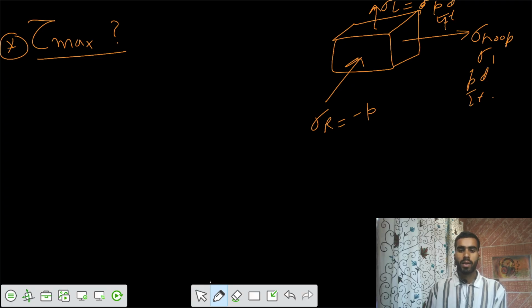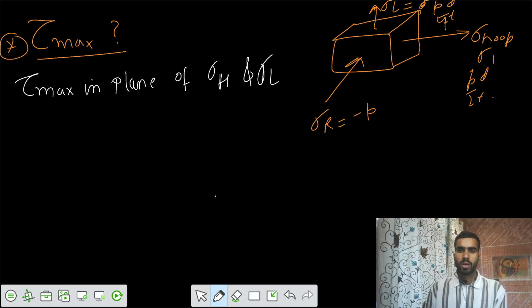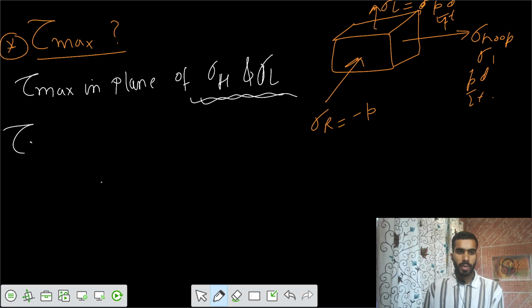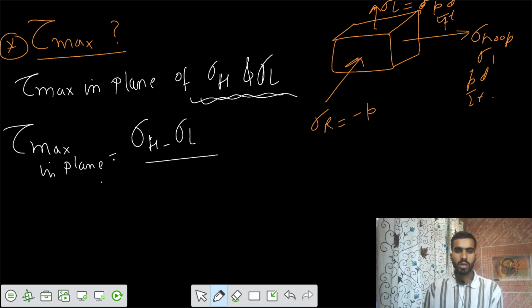If you talk about tau max in the plane in which sigma hoop and sigma long are acting, then your tau max in plane equals sigma 1, sigma hoop minus sigma long, divided by 2, because sigma 1 is major.